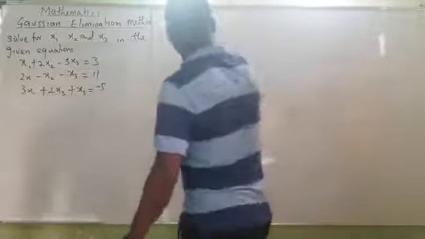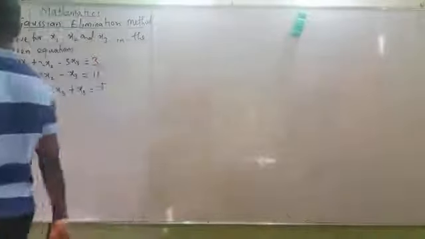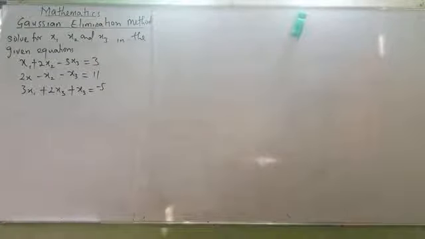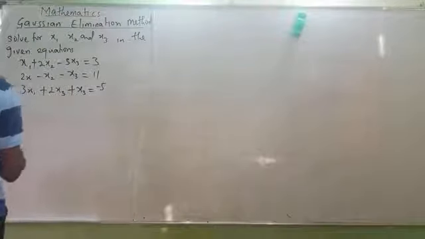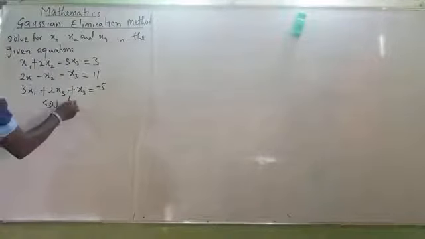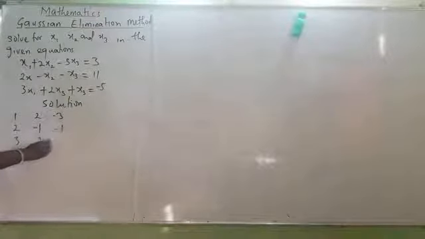Now, for instance, I have this particular problem and I have to solve for x1, x2 and x3. I want to use the Gaussian method. The first thing I will do, which is very, very important, is to make it in a matrix form, which I have like this, and 3, 2, 1.